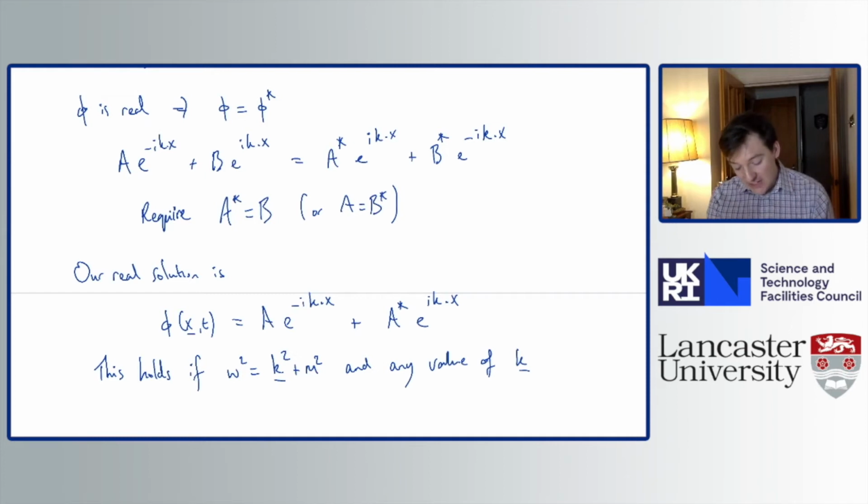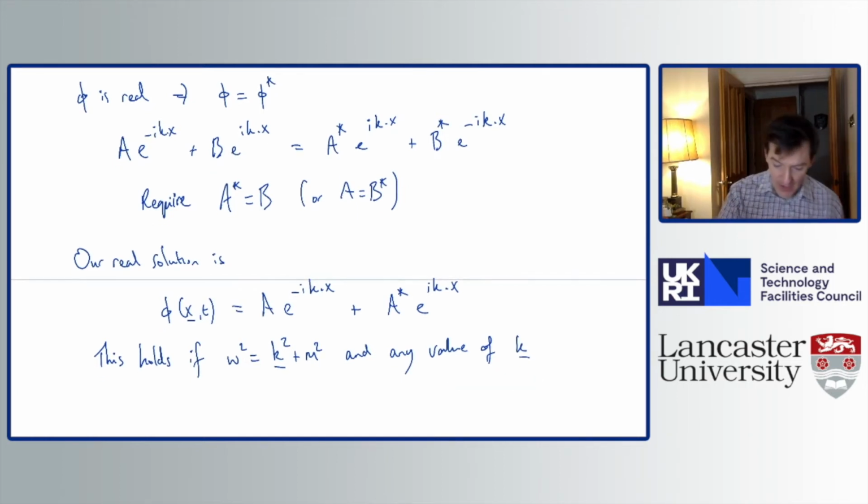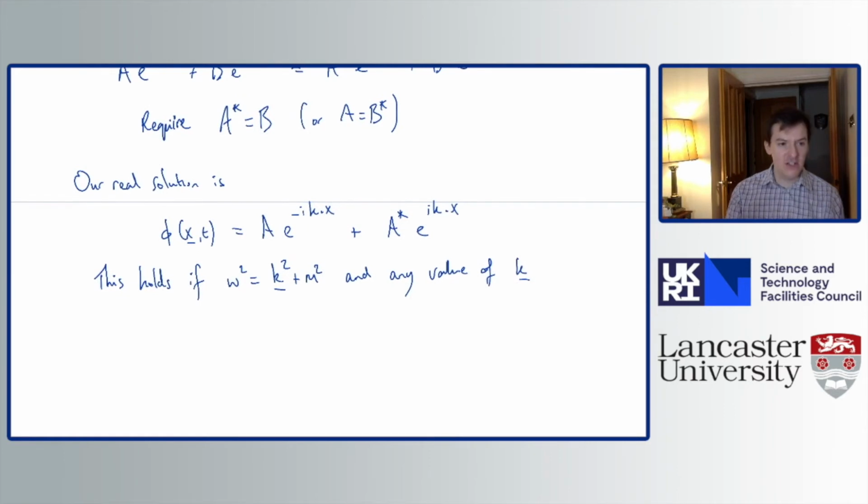So we can actually write down a more general solution by ensuring that we sum over all possible values of k as well. Okay. So if k is a discrete parameter, we would just sum over it. It's a vector, so there's really three components there, right? There's x, y, and z components.